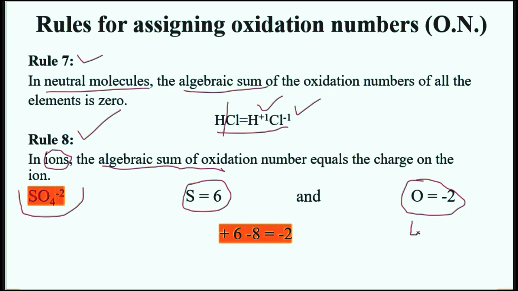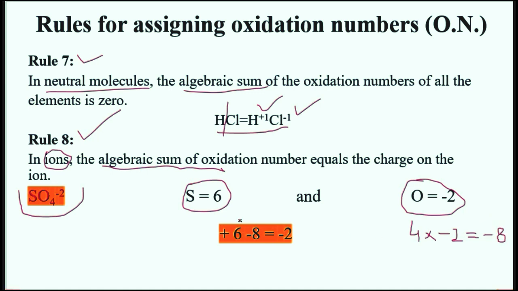There are 4 atoms of oxygen, each with oxidation state -2, so the sum is -8.